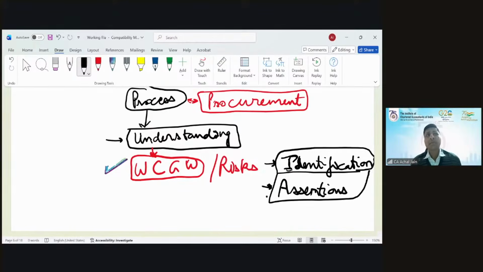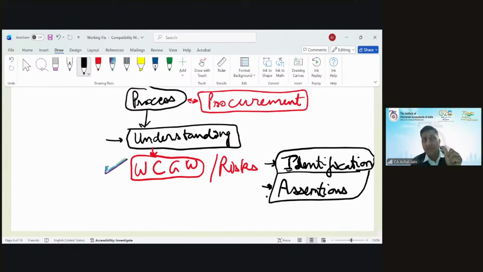Because once you have the mapping of all these types of risks which have been identified against the assertions, that is when you will be able to understand the impact of that on the various items of the financial statements, or on the financial statement as a whole. Right or not? So this is your second step, and this is important because only when you have that in place, you will be able to at least know the problem.